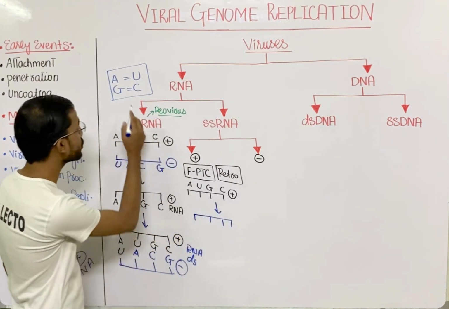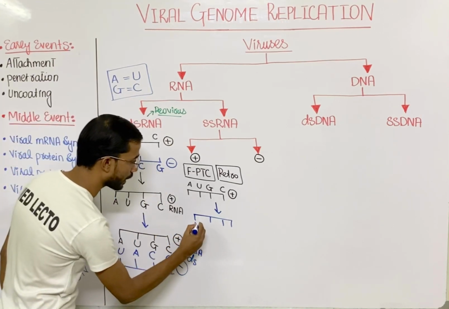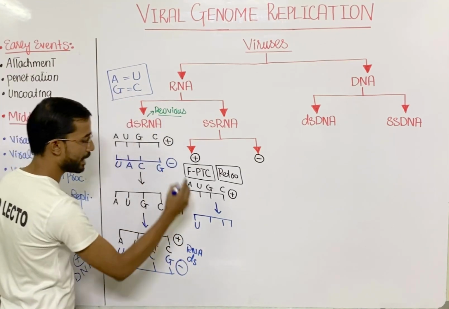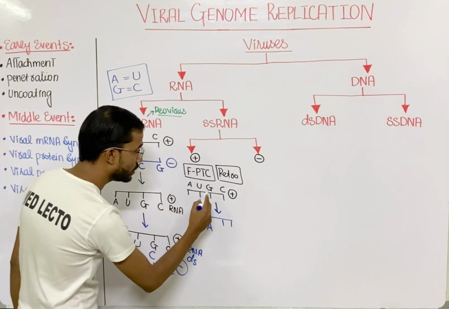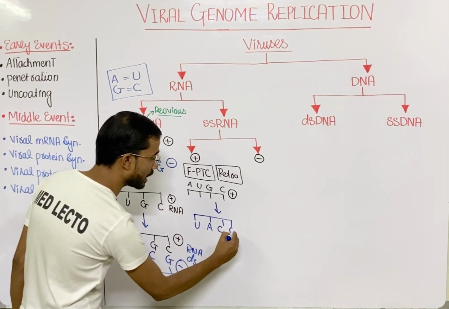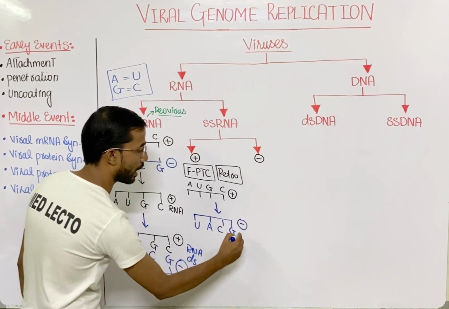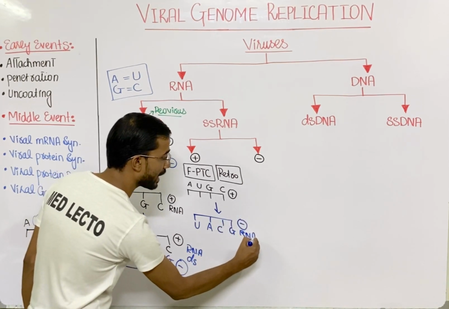So A is opposite to U, U is opposite to A, they are interchangeable, and G, C and C, G. Now this is the negative strand RNA.